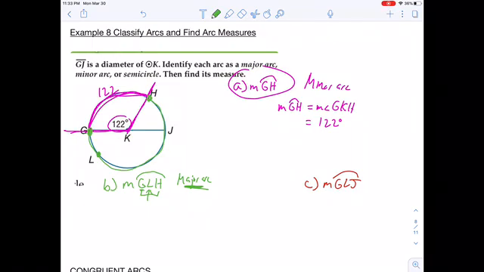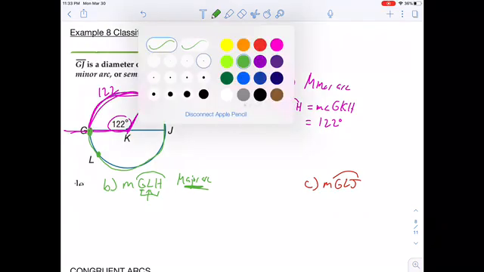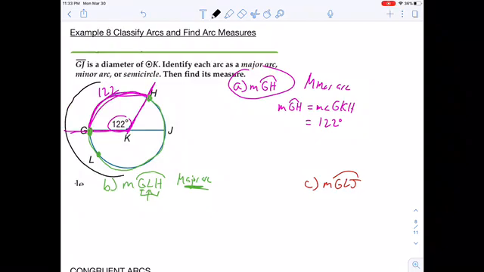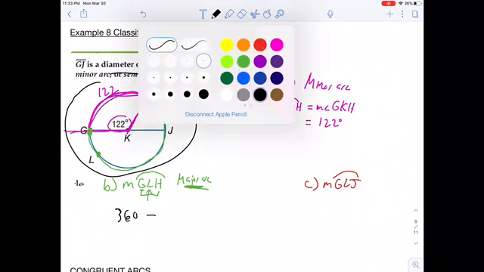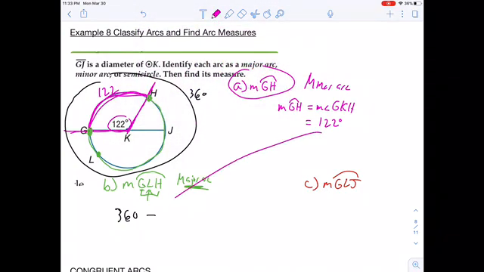Now notice what's really cool about the green major arc and the purple minor arc. In a circle, there's 360 degrees, and my minor and major arcs sum up to 360 degrees. So to get my major arc, I'm going to do 360 minus the measure of arc GH.